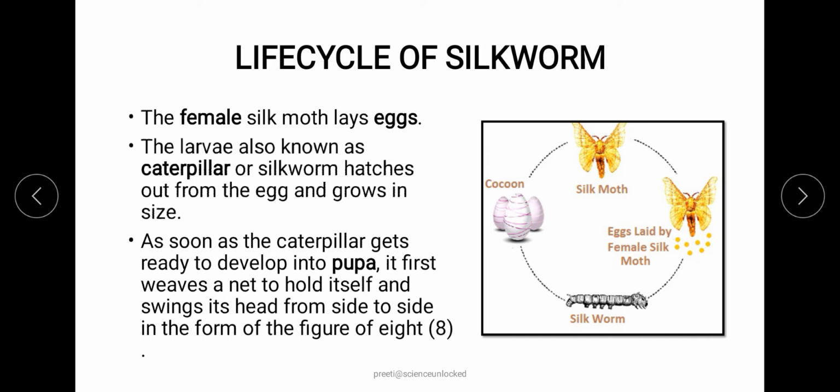Now as the caterpillar grows and turns itself into the pupa, which is the resting stage for the larva or the caterpillar, ultimately it makes a structure around itself in a pattern of 8, and this pattern of 8 comes out of the specific fiber that we are looking for.